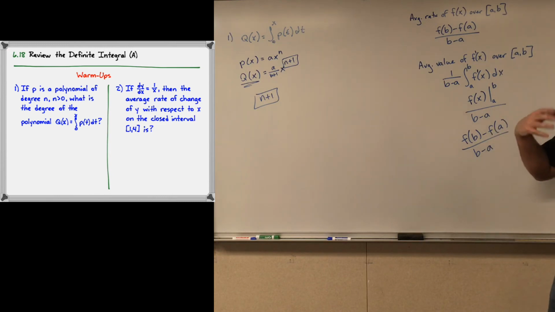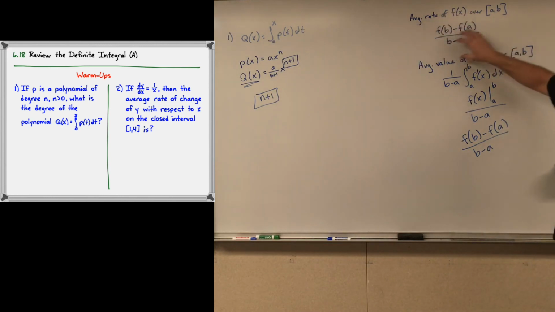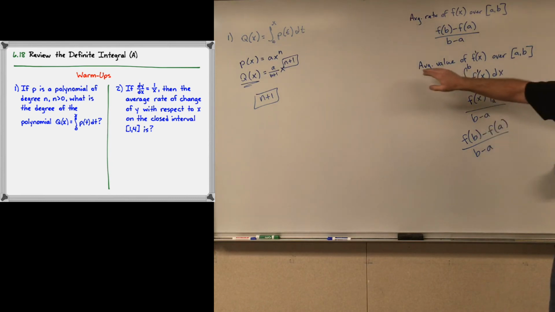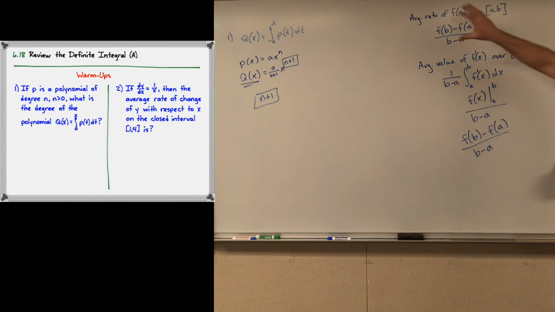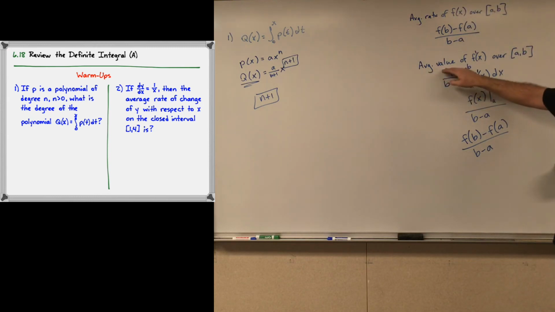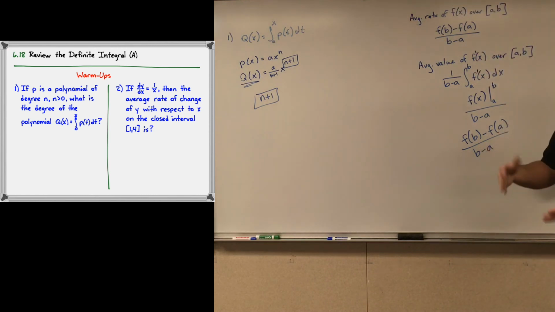If you listen to these words, we're saying the average rate is equal to the average value of the derivative. The average rate of f is the same as the average value of f prime. And here's why. If you think of just rate, the rate of a function is its derivative at every point.